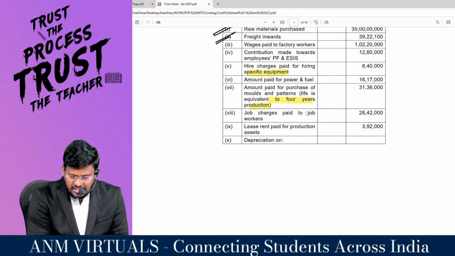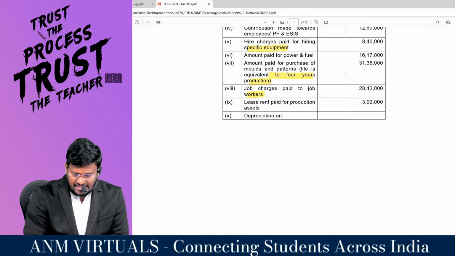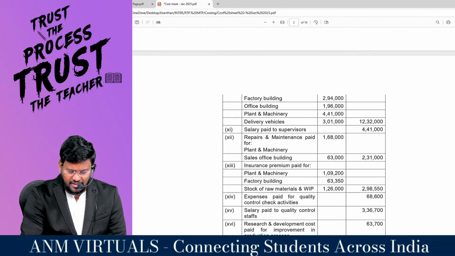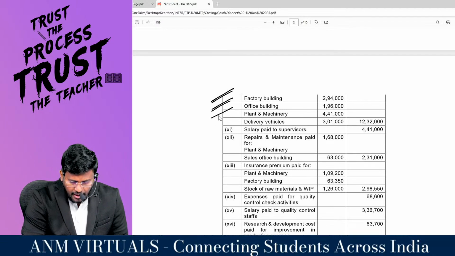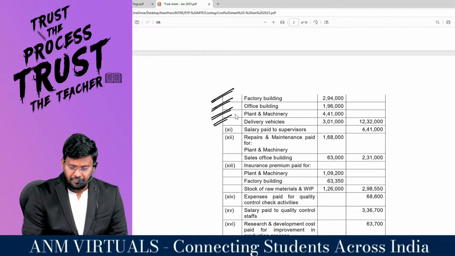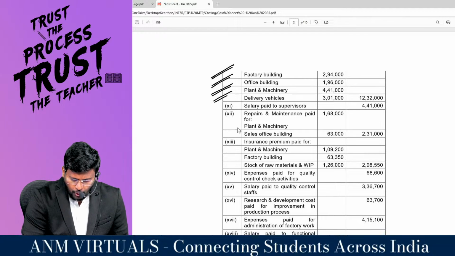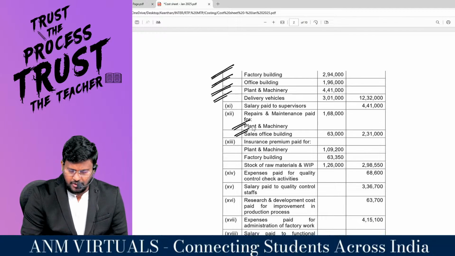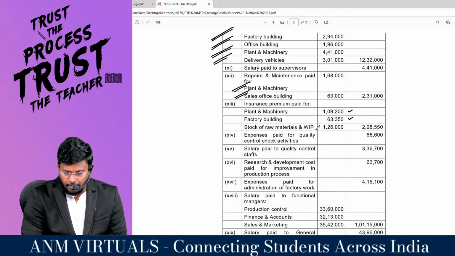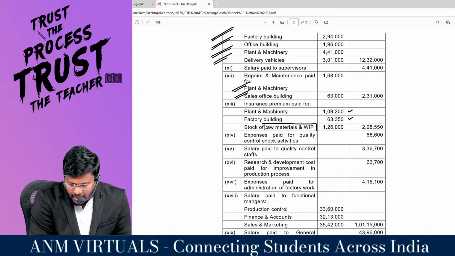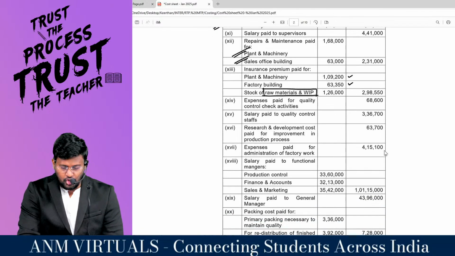Job charges paid to job worker, lease rent paid for production asset, depreciation on various items has been given: factory building, office building, plant and machinery, delivery vehicles. Salary paid to supervisors, repair and maintenance paid for plant and machinery, sales office building, insurance premium paid for plant and machinery, factory building, stock of raw material and WIP.